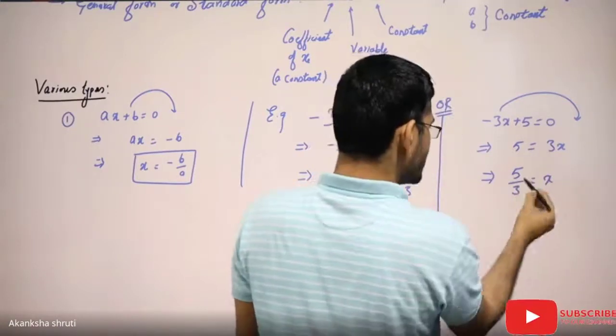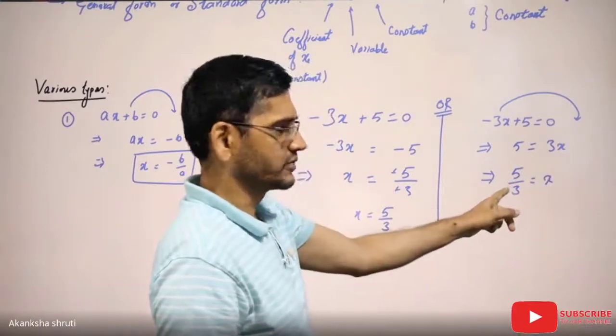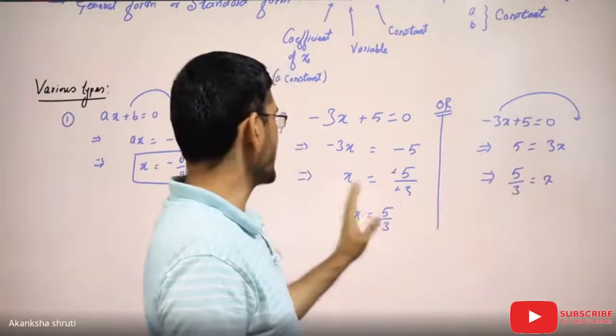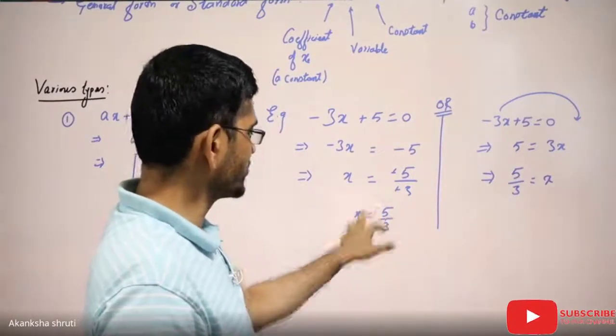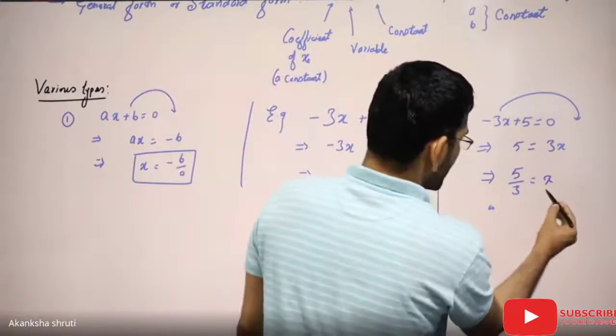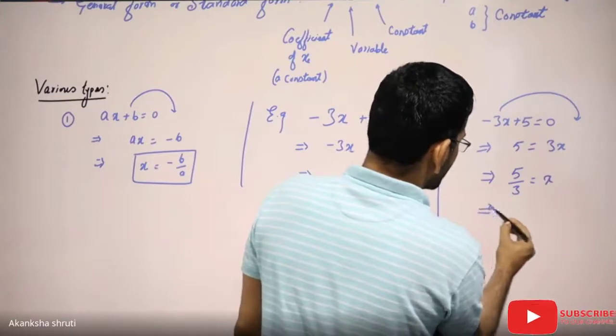So students, whether you write x on the right hand side and the simple number on the left hand side, or write x on the left and the number on the right hand side, both mean the same thing. Okay students? If you want to change the side, you may also do it.